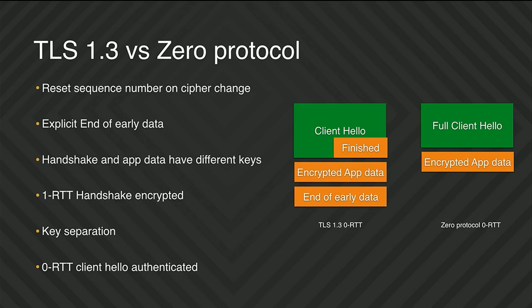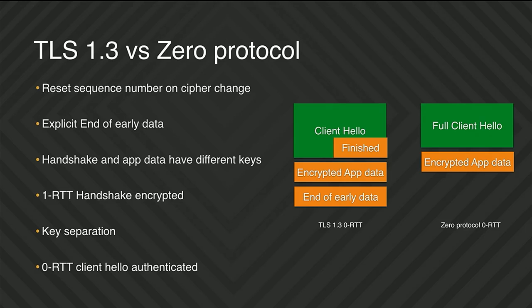This might seem subtle, but it's a really important security property where you have complete key separation between two types of keys. Another thing it does is it explicitly signals the end of early data, so that when my 0RTT data is done, you get a special type of message called end of early data, saying that, hey, my 0RTT data is done. This is important because it avoids truncation-style attacks on 0RTT data.